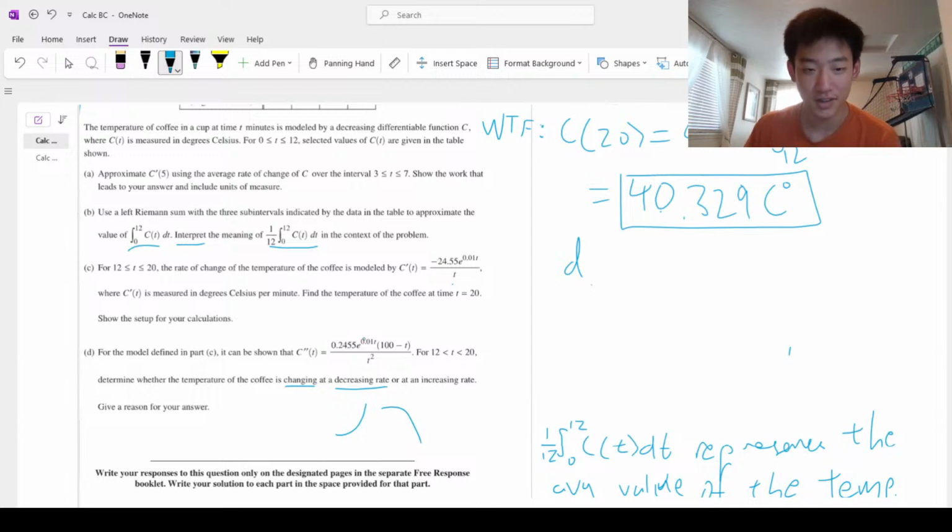Okay, so let's just look at this function here. It looks like a lot, but we can break it down into parts. So t is always positive here. And this part is a constant, that's always positive. We really just want to see if the second derivative is positive or negative.